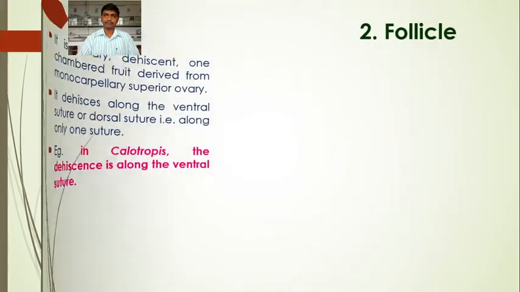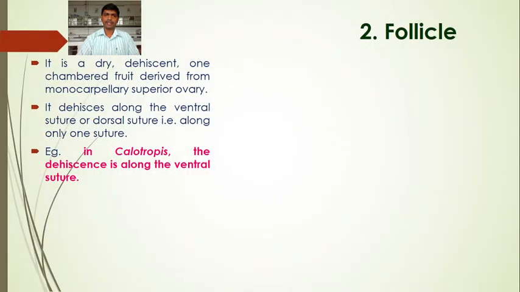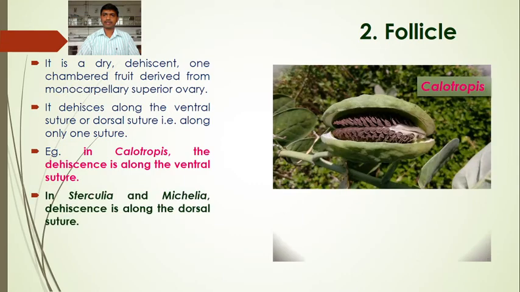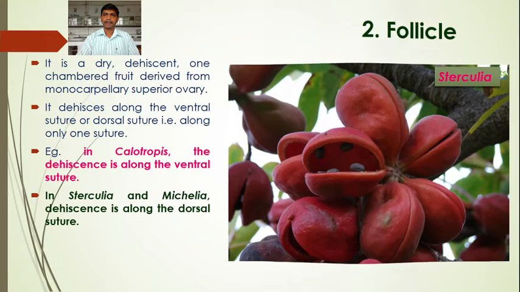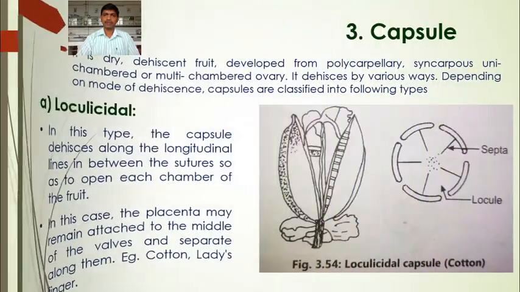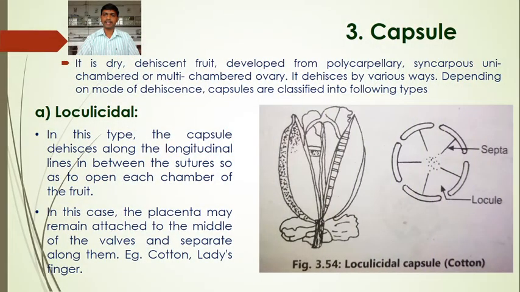But in the case of the capsule, the ovary is polycarpellary, syncarpous, unichambered or multi-chambered. It dehisces in various ways. So depending on the mode of dehiscence, capsules are classified into various types.